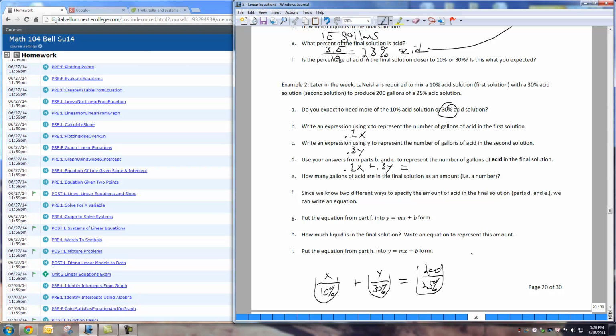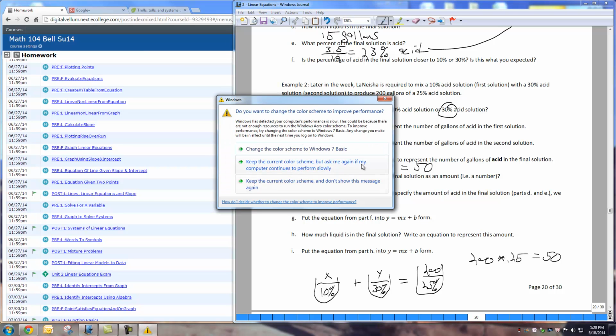When I multiply 200 times 0.25, you come up with 50. So I know that when I add together the amount of acid in the first solution plus the amount of acid in the second solution, I better get 50 gallons of acid because my 200 gallon ending mixture is 25% acid. How many gallons of acid are in the final solution as an amount? So basically 50 is the answer to this one.